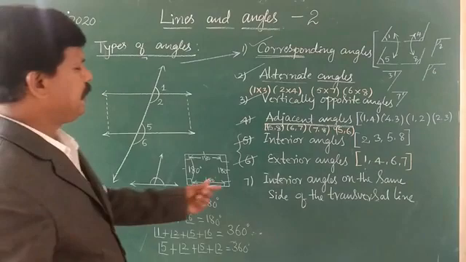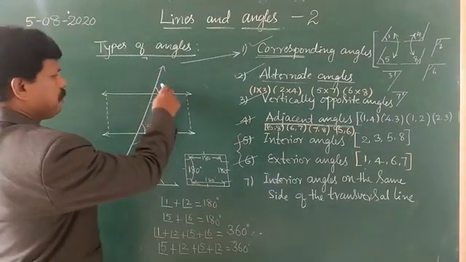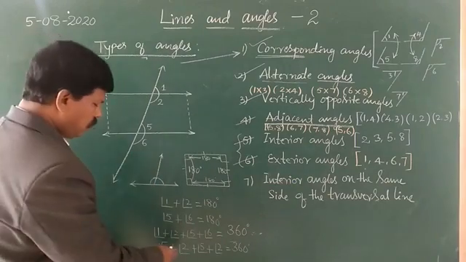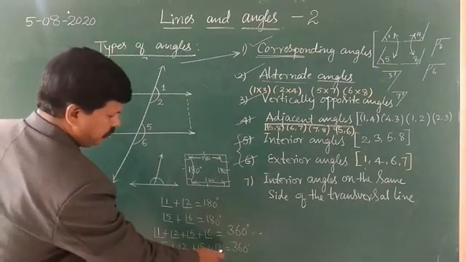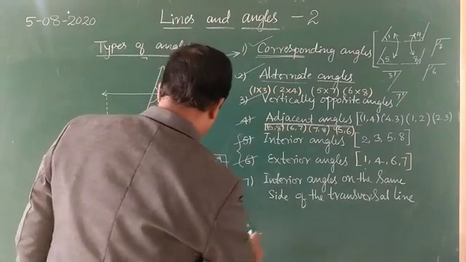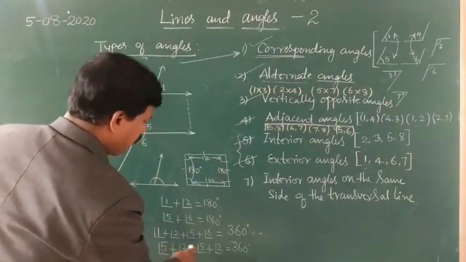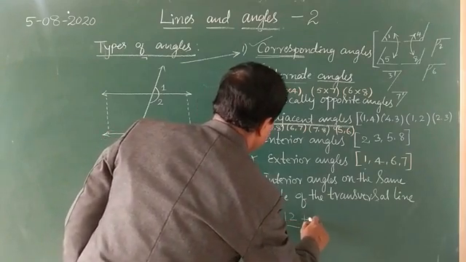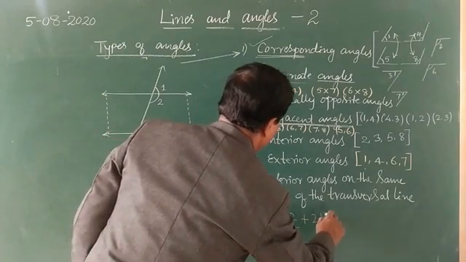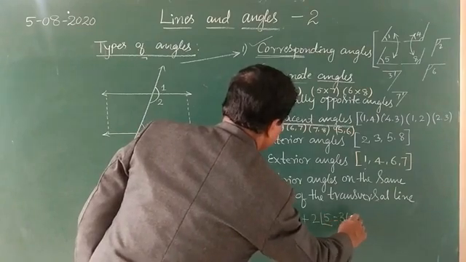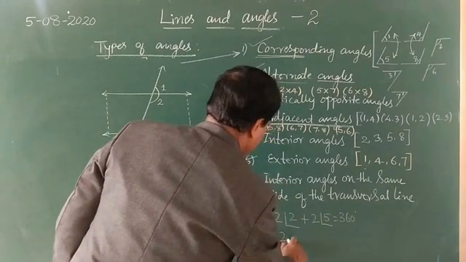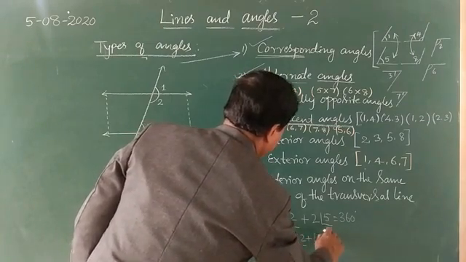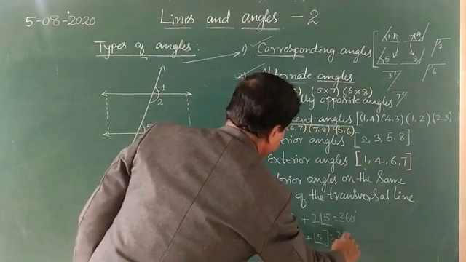So we express these exterior angles in terms of the interior angles. Now 2 of angle 2 plus 2 of angle 5 is equal to 360 degrees, and when you take 2 common, angle 2 plus angle 5 is equal to 360 degrees.